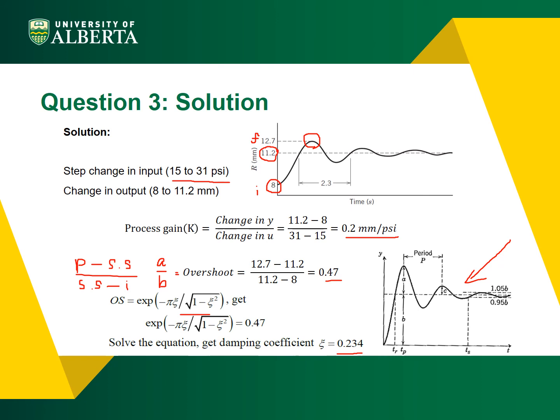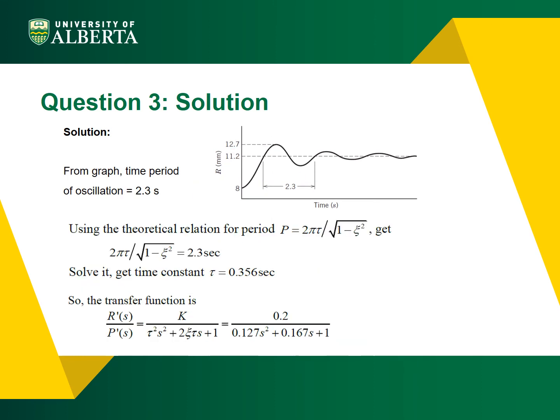And we have one more, which we haven't used. We have the time period of oscillation, which is 2.3 seconds, and we know the formula for the time period, and we have already computed zeta, so the only missing variable is tau.